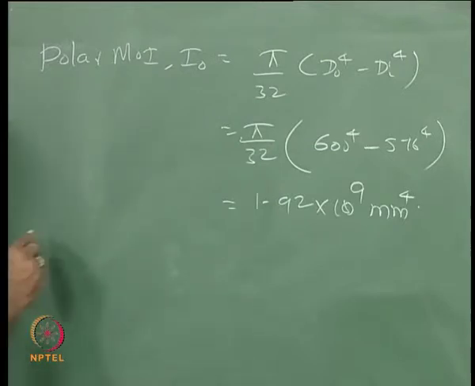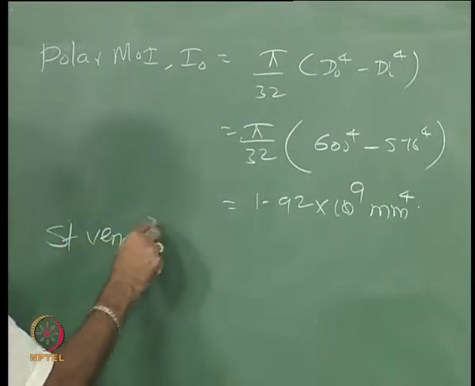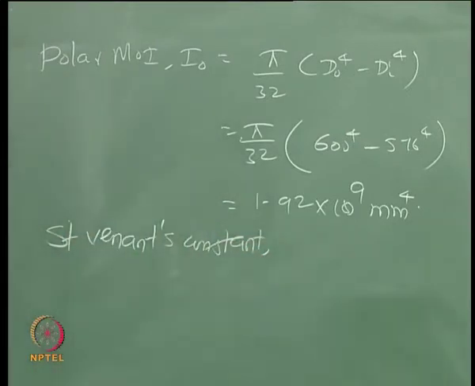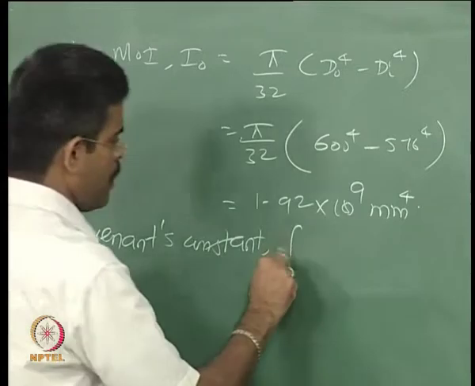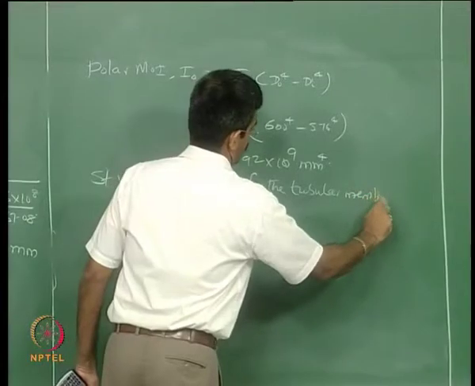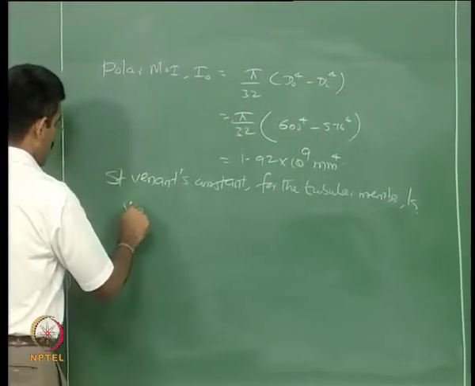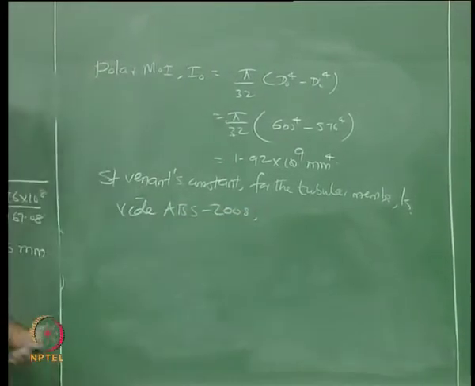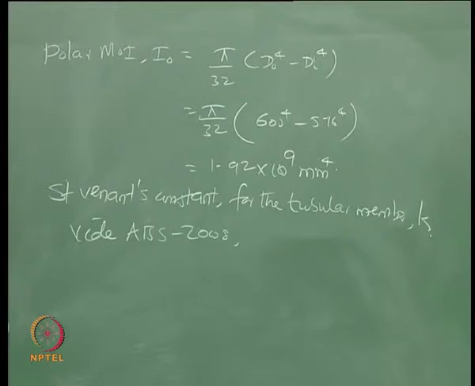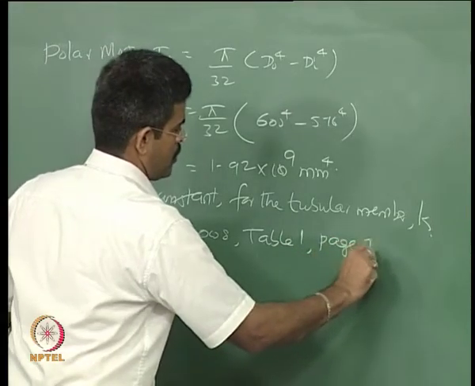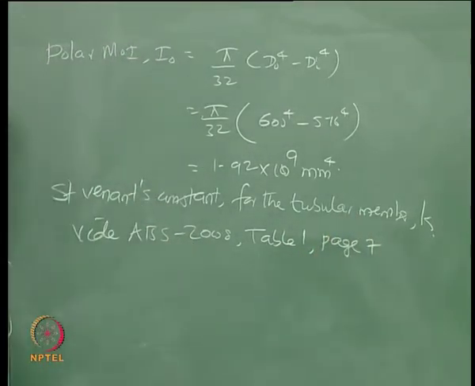I also work out Saint-Venant's constant for the tubular member, given by K. This is available in ABS Guide 2008, table 1 on page 7. The equation is available.